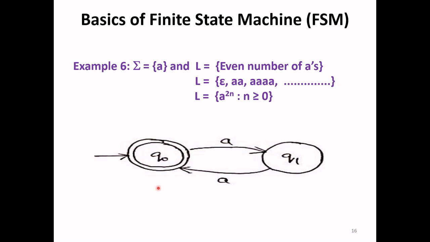The logic here is when you have an odd number of A's, you will be in the intermediate state. When you come across an even number of A's, you will be in the final state. So this is the finite state machine for the language consisting of an even number of A's.